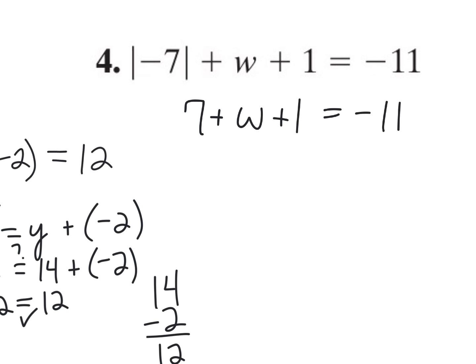we still have 3 terms on the left side of the equation. So we actually have some like terms we can combine. If you want to use the commutative property to rearrange those, you can. But otherwise, 7 plus 1 is 8.